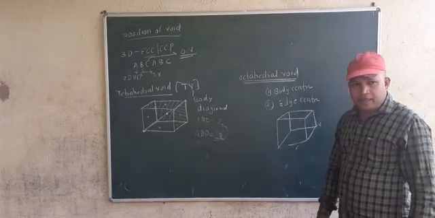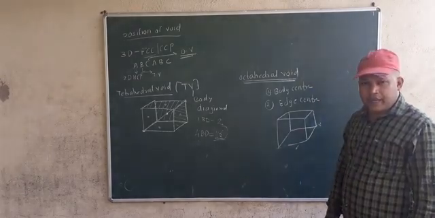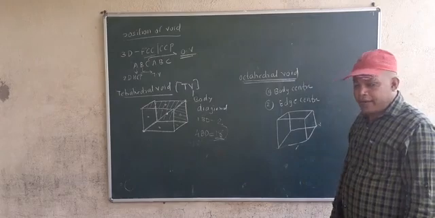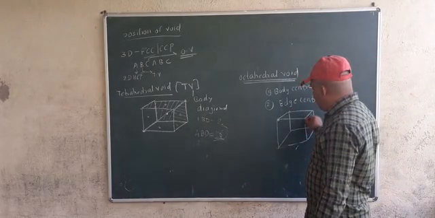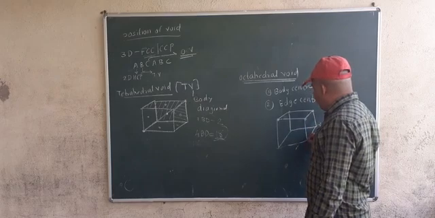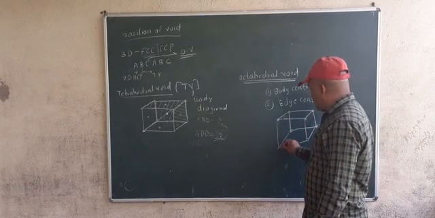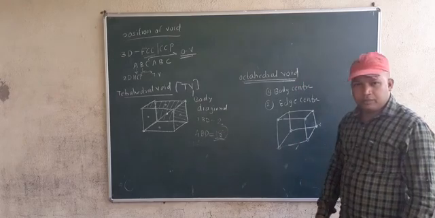And it is FCC, means 8 constituent particles are at 8 corners. 1 2 3 4 5 6 7 8.